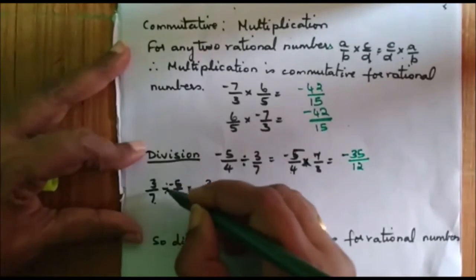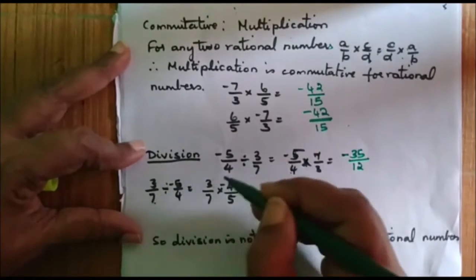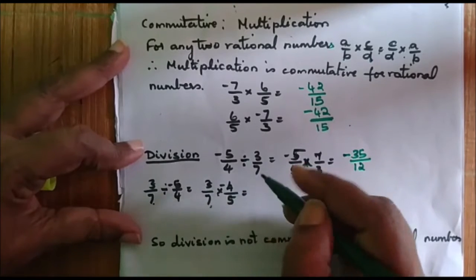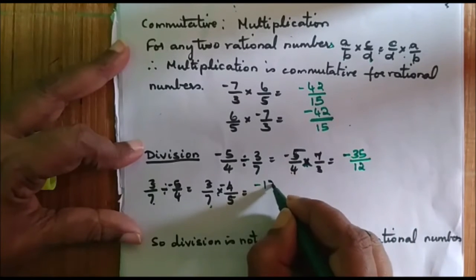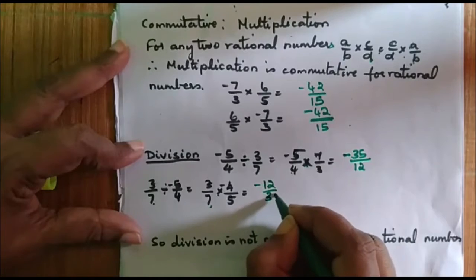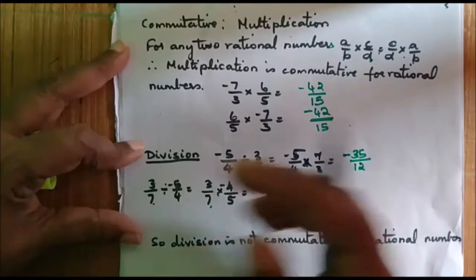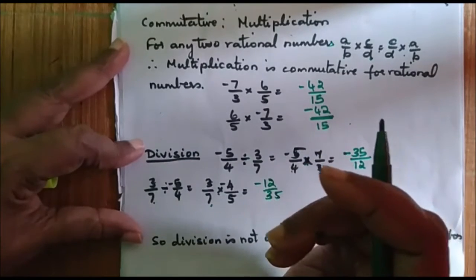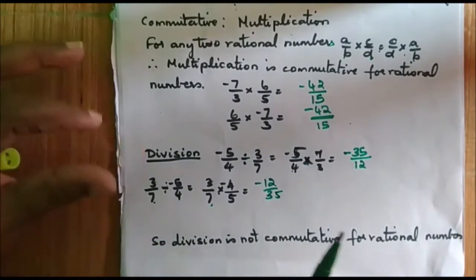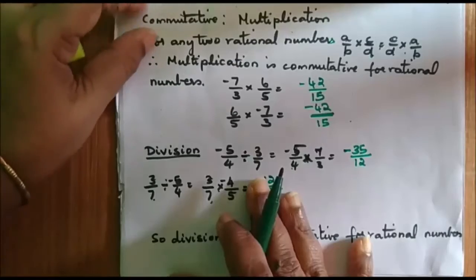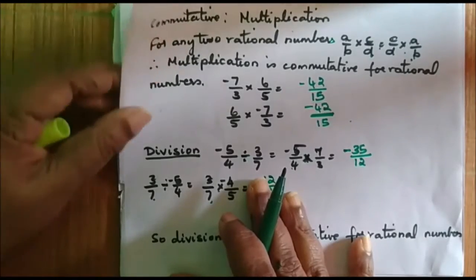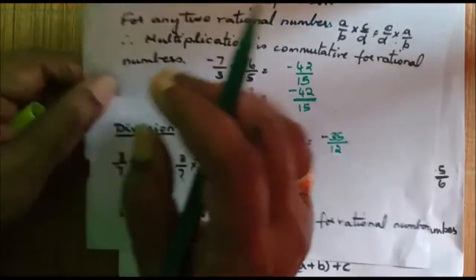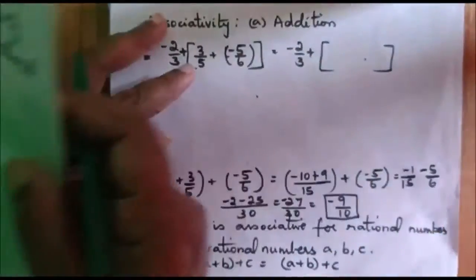That is 3 by 7 divided by minus 5 by 4. It is 3 by 7 into minus 4 by 5, which is equal to minus 12 by 35. Therefore, when we change the order, the answer also changes. Hence, division is not commutative for rational numbers. So, I hope you understood. In the case of rational numbers, division is not commutative.